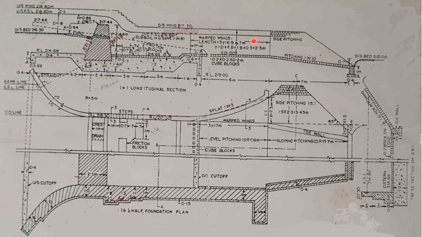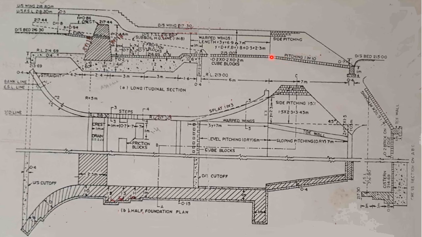So before the Sarda Type Fall, the channel is transformed from trapezoid to rectangular, and after the fall it is again transformed from rectangular to trapezoidal. So this is that portion where these warped wings are, that means the transition takes place.